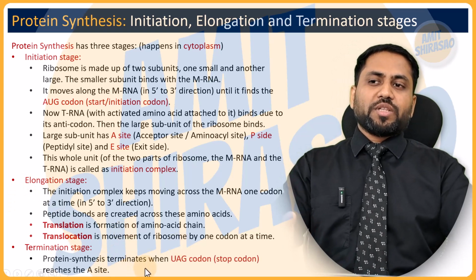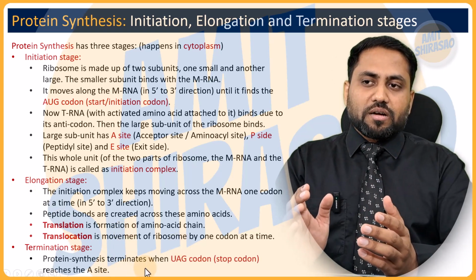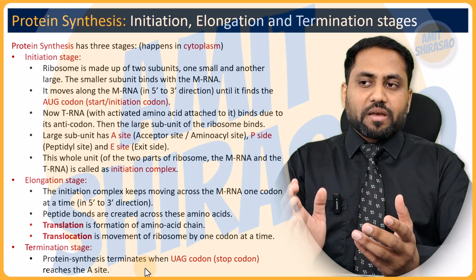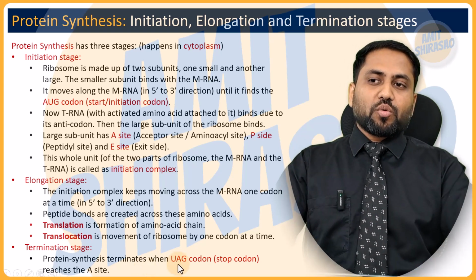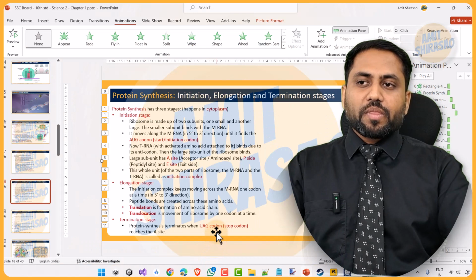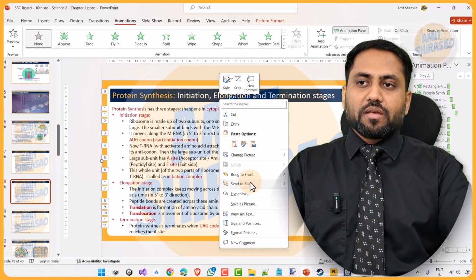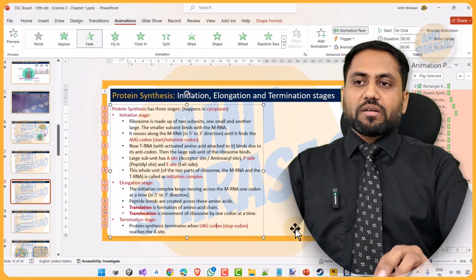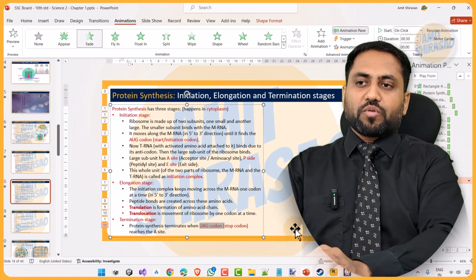Now the termination stage. Protein synthesis terminates when a stop codon like UAG reaches the A site. This is not the only stop codon; it should be any of the three stop codons.